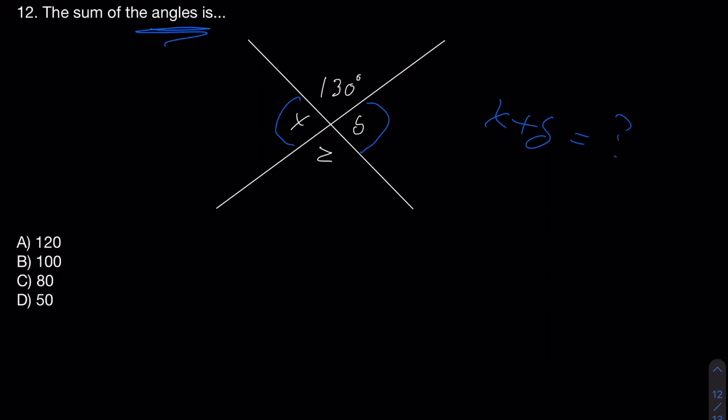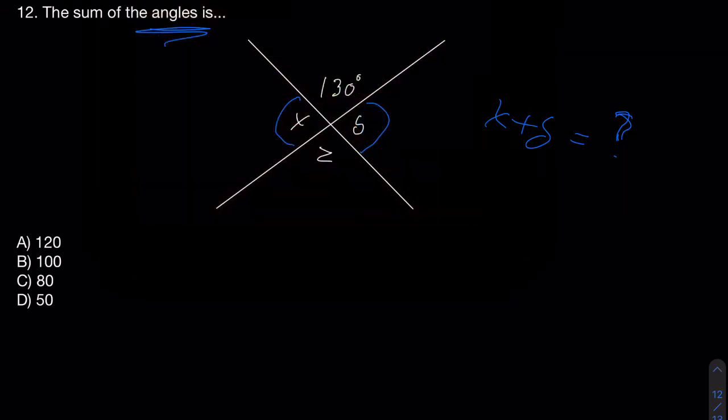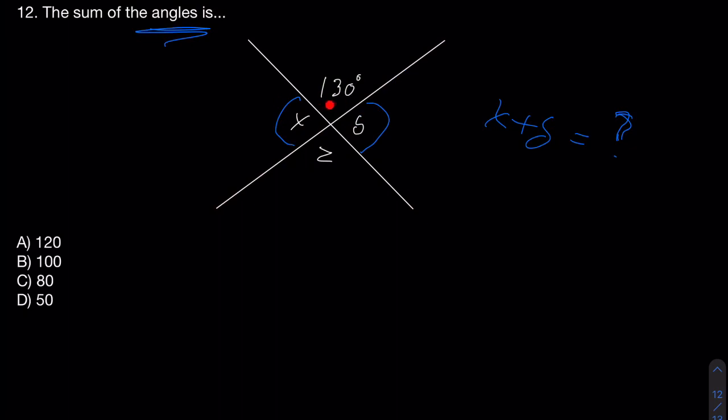I was a bit confused at the beginning, but now I understood. We know there's a rule about it, and then there's common sense. The rule says that this is 130. The number across from it is always going to be 130. This is the cross angle rule. So now you just have to find the other two.